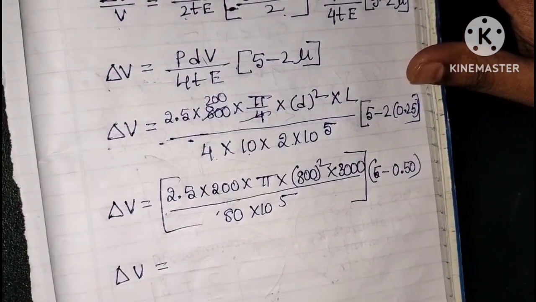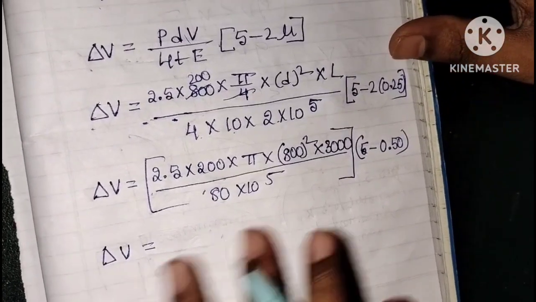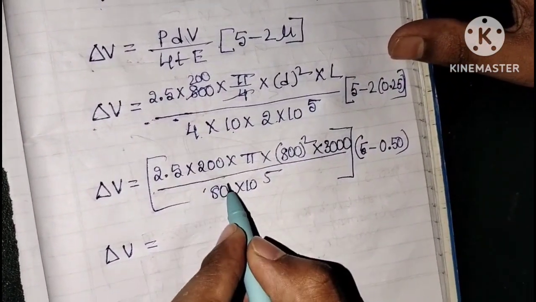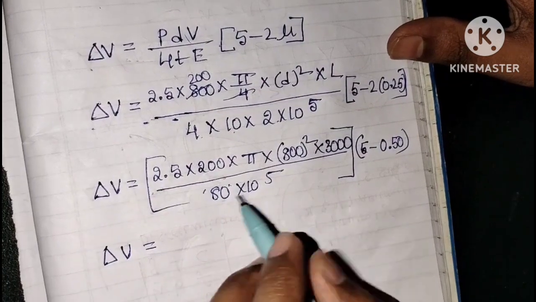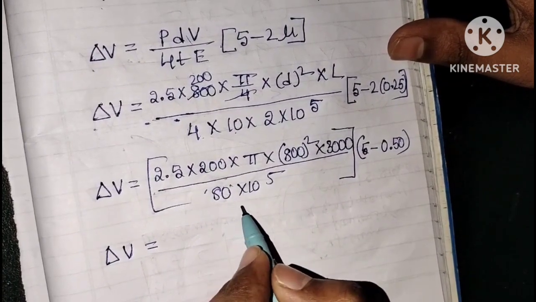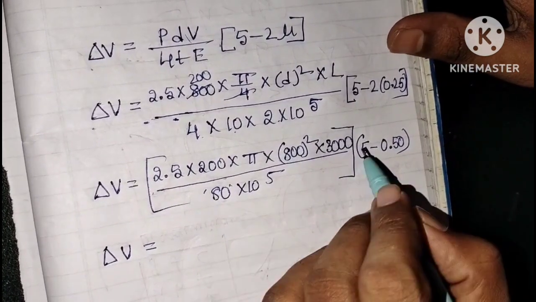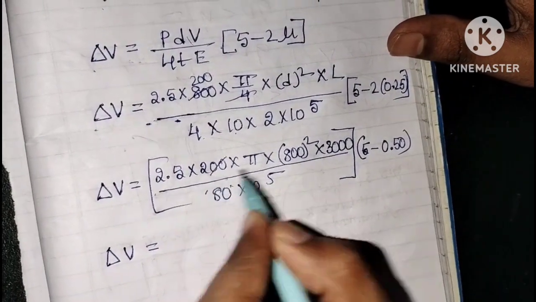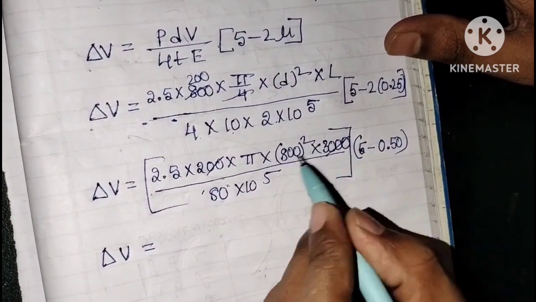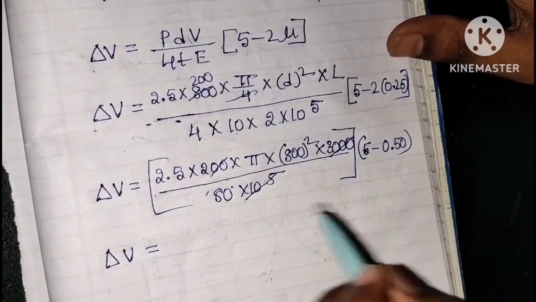Delta V is equal to, here 2 zeros, here 3 zeros, total 5 zeros, so 10 power 5 gets cancelled.